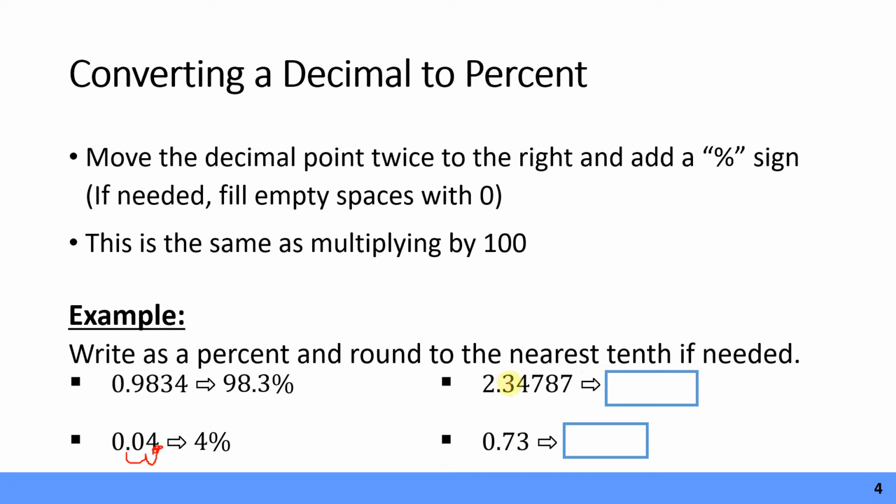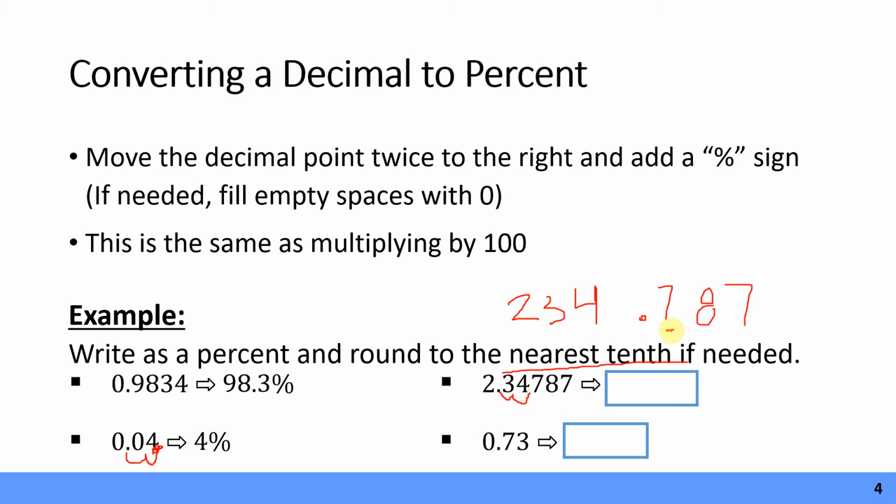All right, next one here. Make the decimal into a percent. Move the decimal 2 times. As weird as that looks, that's okay. It's going to be 234.787. But again, we do have to round because the instructions say to the nearest tenth.